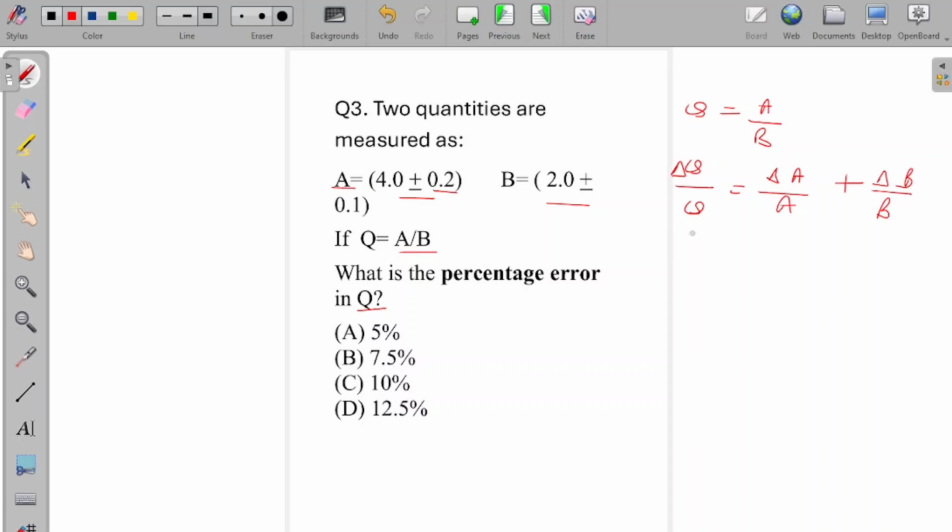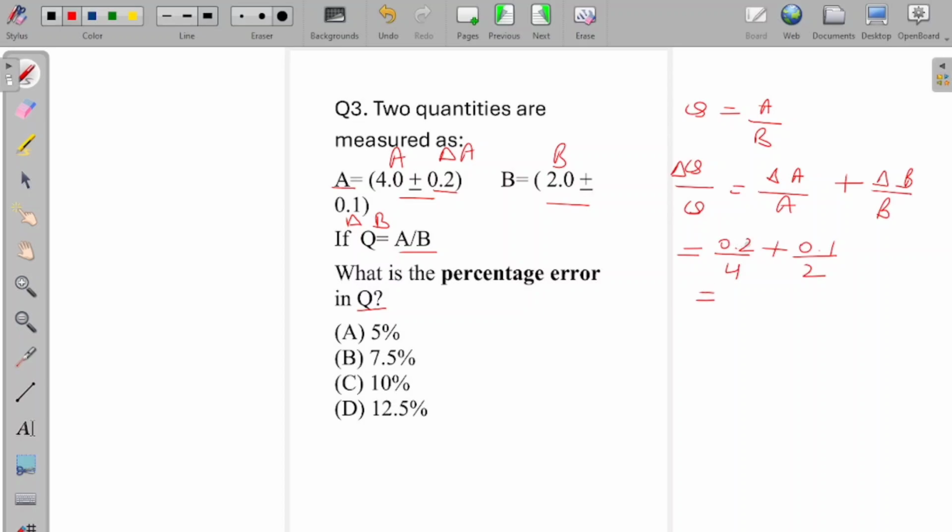So now let's solve it further. We have to find the percentage error. Let's put the values. Delta A is 0.2, A is 4, delta B is 0.1 and B is 2. So let's put these values. It will give us 0.2 upon 4 plus 0.1 upon 2.